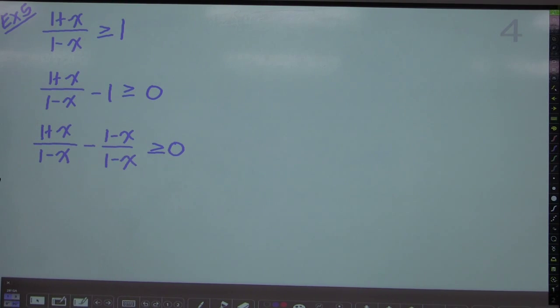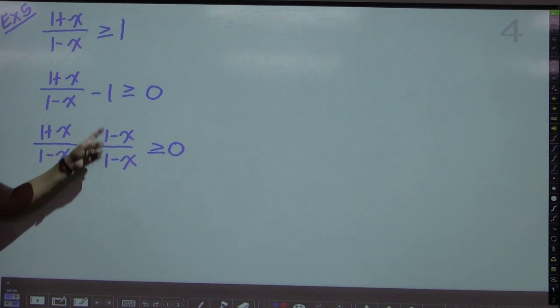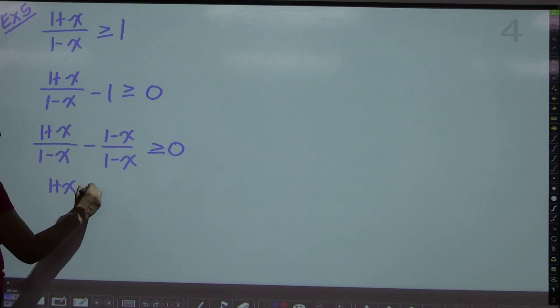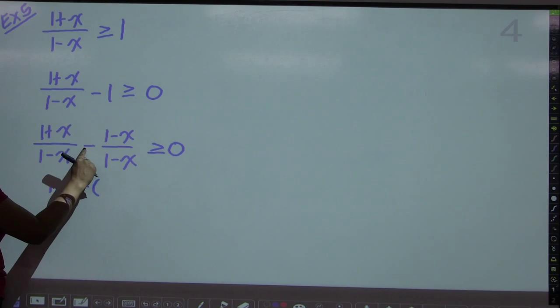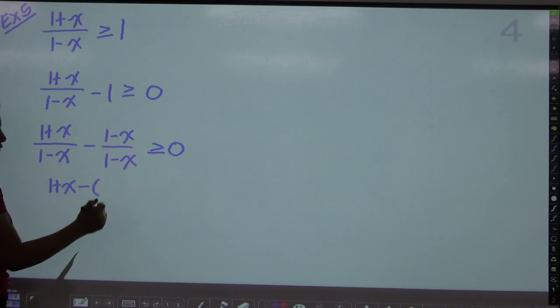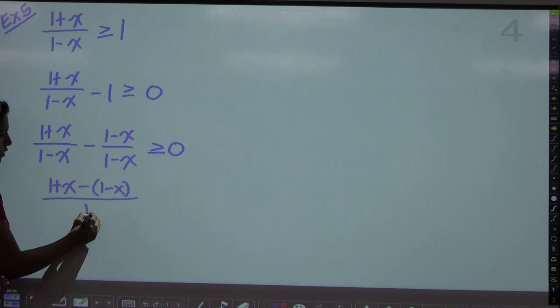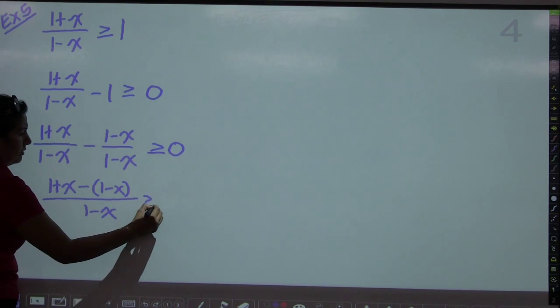Does that make sense? It divided by itself would be 1, right? Now I can combine the top into one fraction. So I'd have 1 plus x minus, and be really careful that this is a negative, so you want to distribute it to both. So I'm going to go ahead and use parentheses so I don't forget to do that over my common denominator.